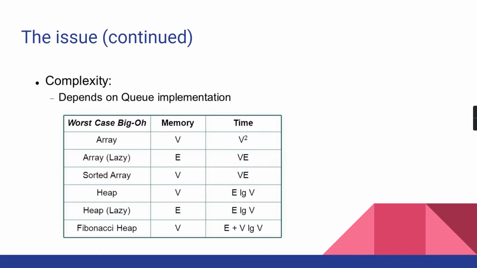So we could get a little bit of an increase in speed with the time complexity being the number of edges times the logarithm of the vertices. In a lazy approach with the heap, we would get the same sort of time complexity, and then with the Fibonacci heap, we would get a little bit worse of a time complexity. Or actually, no, this would be better, since we would have the edges plus the vertices times the logarithm of the vertices.